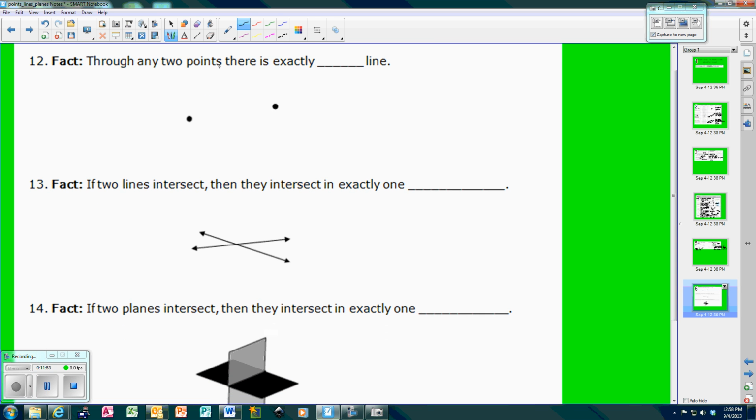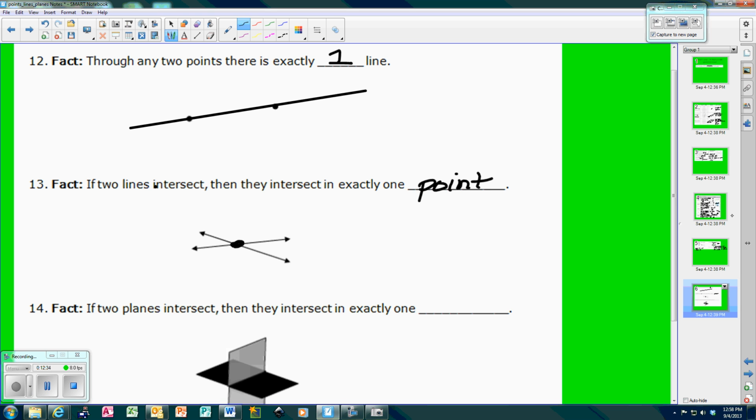Fact. Through any 2 points, there is exactly 1 line. So I would take and I would make 1 line. Fact. If 2 lines intersect, make an X. They intersect at exactly 1 point.